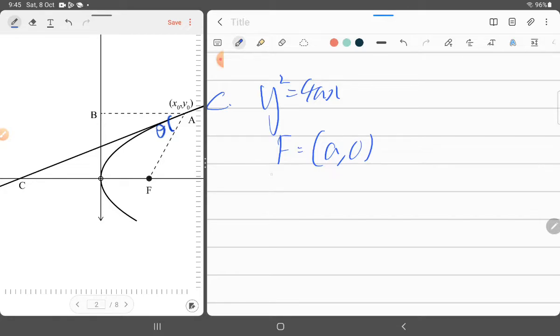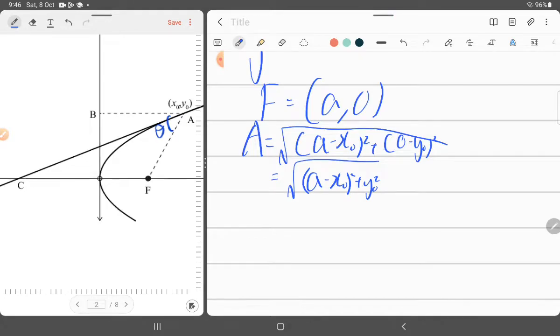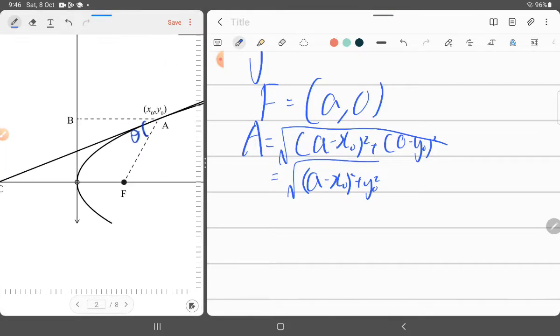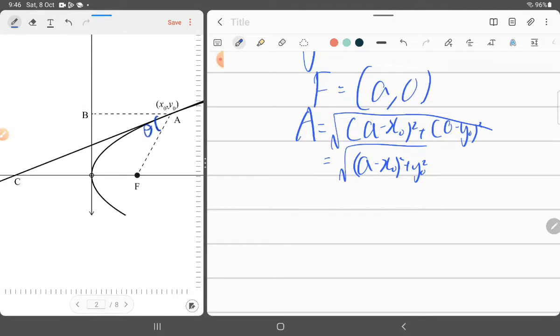Because distance AF is equal to the square root of A take away x0 squared plus 0 take away y0 squared, which turns into the square root of A take away x0 squared plus y0 squared. Then, okay, so we can get this point. So how can we get this?